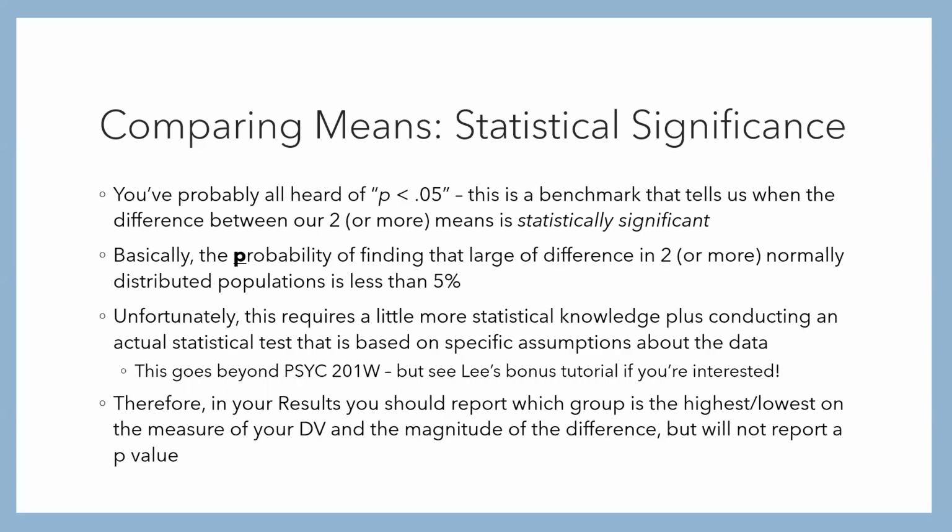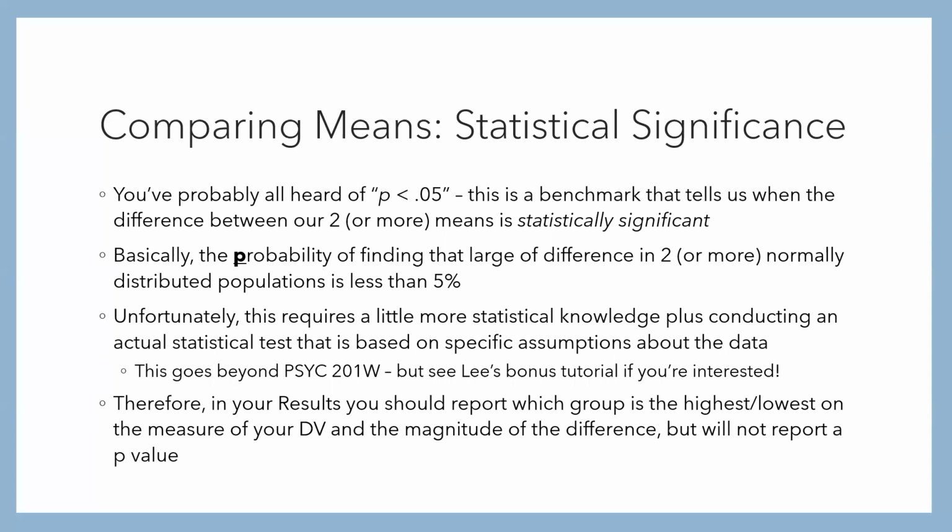Well, it's only that simple for the purposes of this class, so I'll briefly touch on another important concept. You've all probably heard of the phrase p is less than 0.05 or have read it in research articles, right? This is a benchmark that tells us, in the case of mean comparison, if the difference between our two or more means is statistically significant.